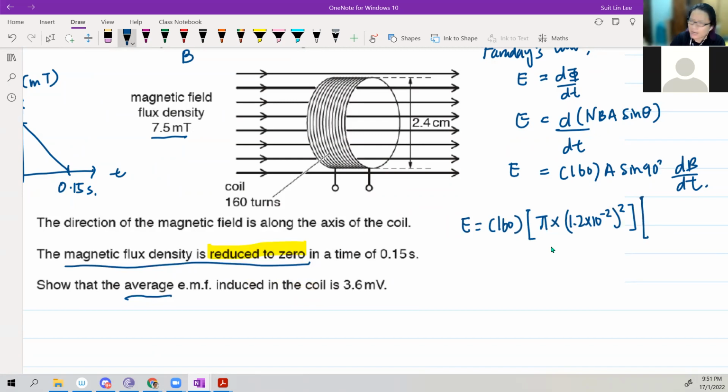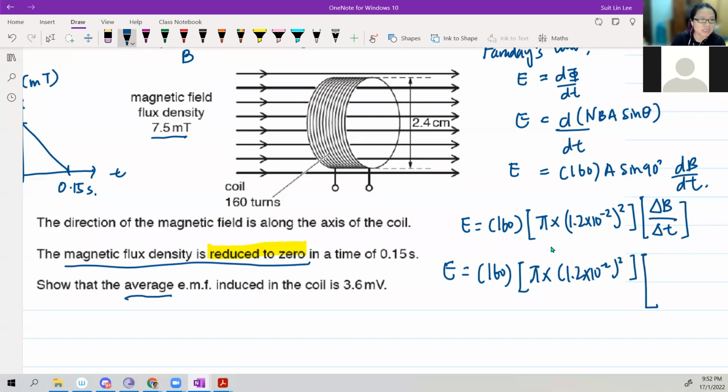But wait a second. If we want to find the average, I just need to take the change in B, divide by the change in time. So finally, my E is actually 160 N, and then this is A, (1.2 times 10 to the power -2) square. And this change in B over T is reduced to 0.